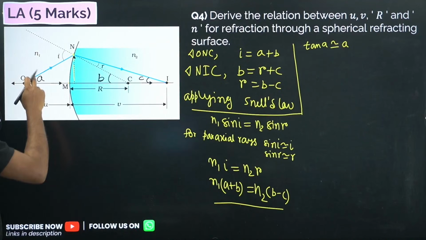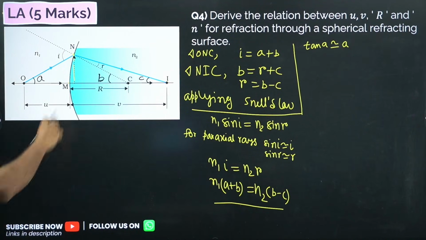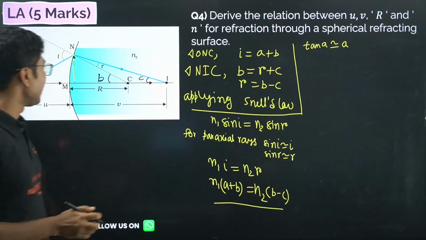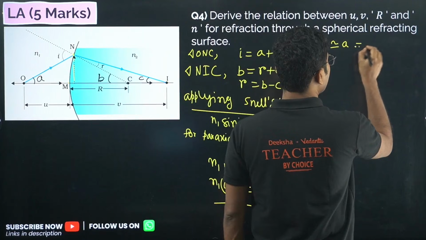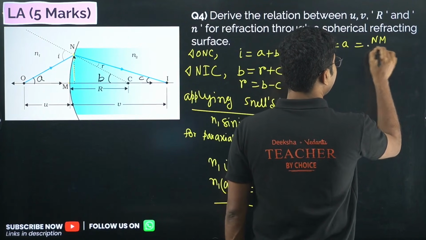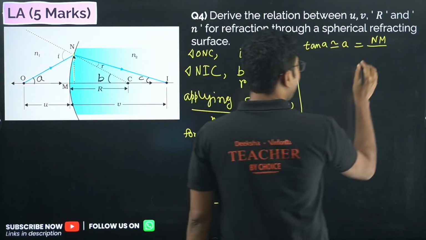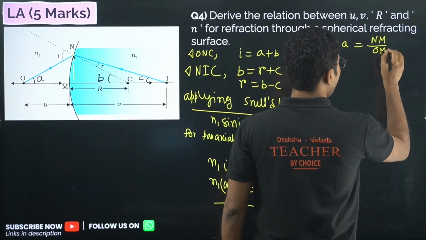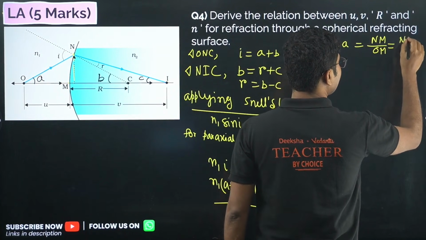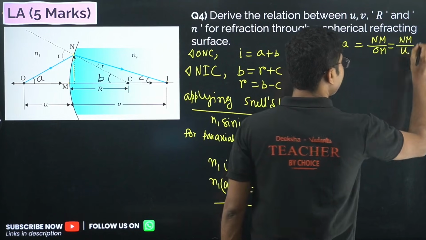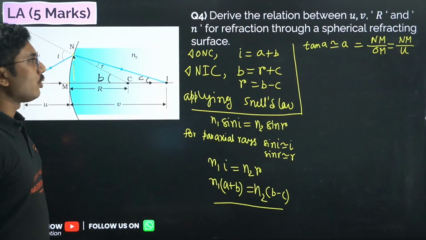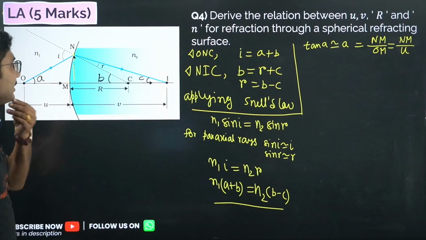What is tan A? Perpendicular by base. Perpendicular is NM divided by base. What is the base here? Base is OM, which is nothing but the object distance U.